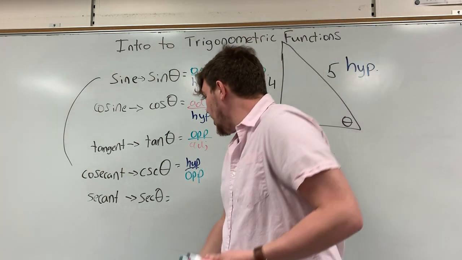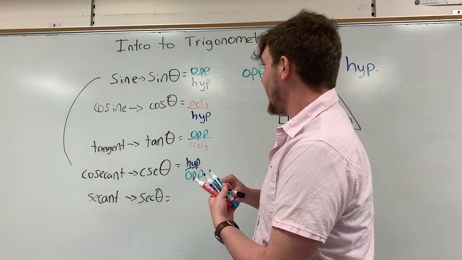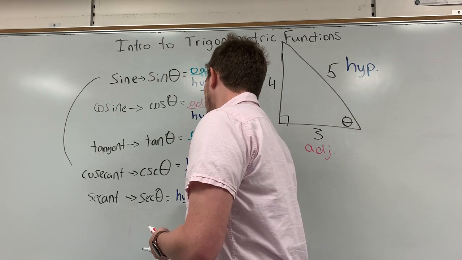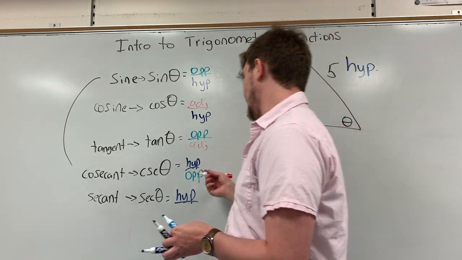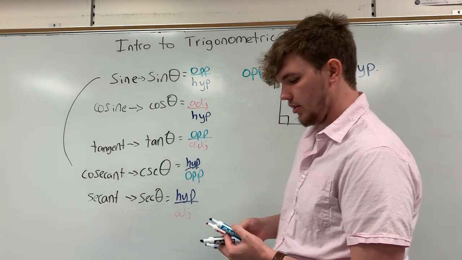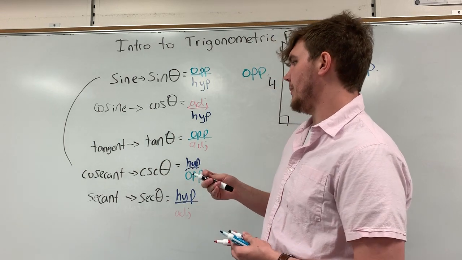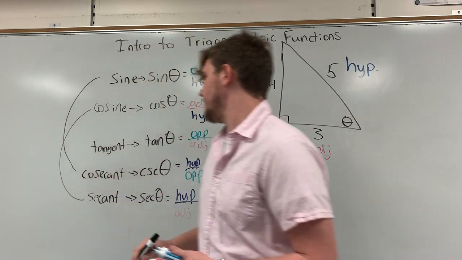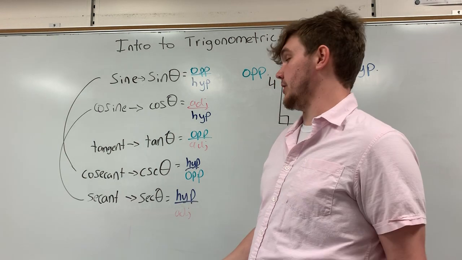And the secant of theta is always defined as the hypotenuse divided by the adjacent side. The secant is really, really similar to the cosine. Cosine and secant are just reciprocals of each other.